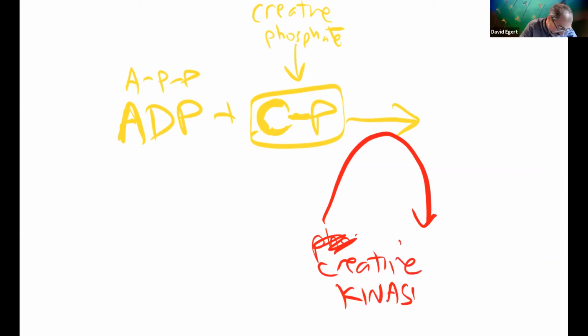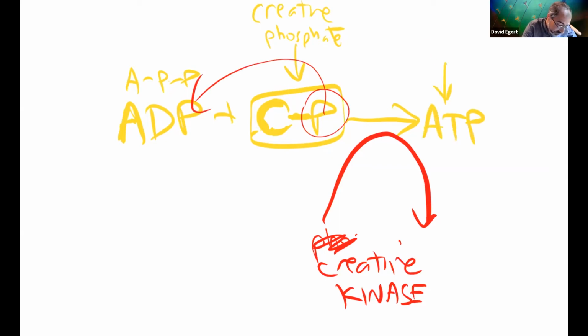Kinase because it's transferring a phosphate group. And basically this phosphate is going to get slapped back onto this. So we're going to end up with ATP because now we have just moved that phosphate group. And now the creatine is kind of standing alone because you transferred that phosphate group from the creatine phosphate onto the ADP.